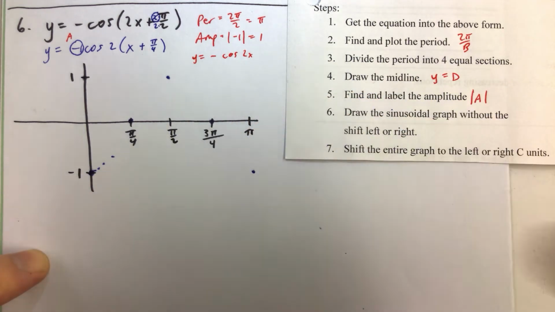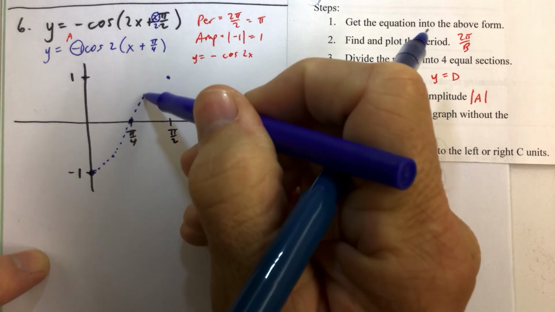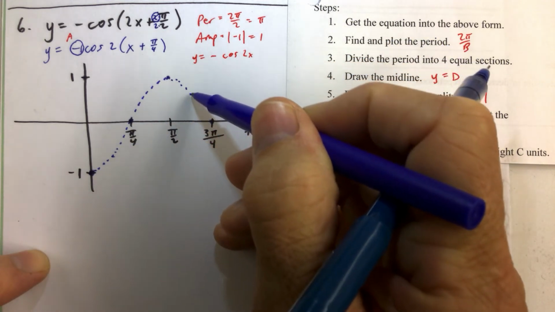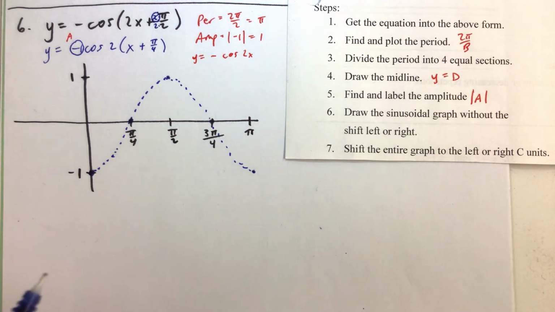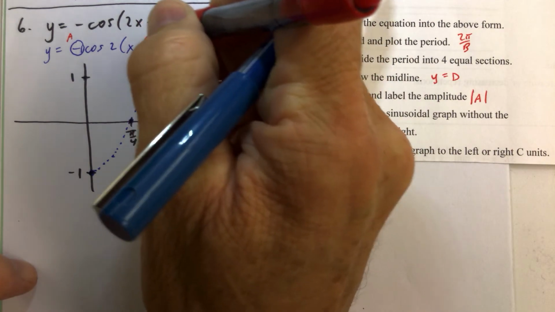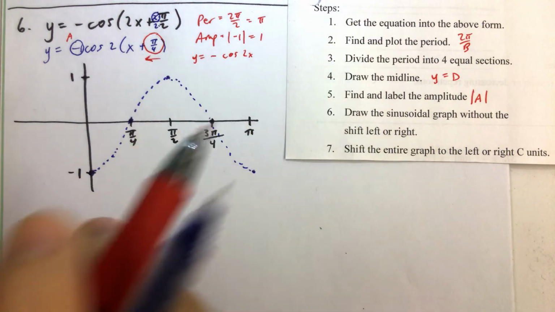So we just draw the template graph. Draw the graph of this function without the shift left or right. And we mentioned before that because this is a plus pi over 4, we're going to shift to the left pi over 4 radians.